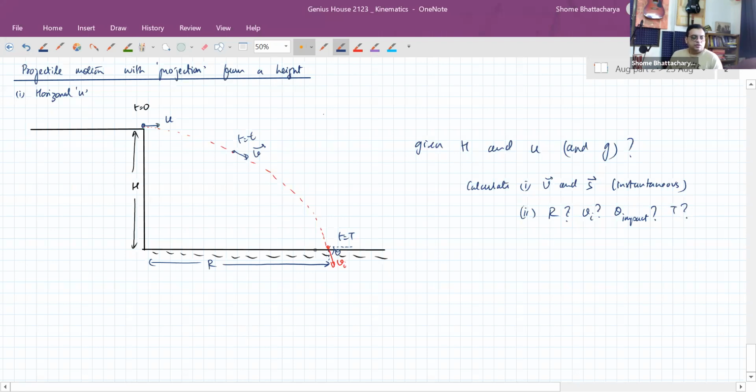Again, what we will do is use the standard method of component based solving, vertical component and horizontal component. And here for convenience, we can take the y-axis downwards because it's straight away going down. In a standard projectile, it was first ascending, so it made sense to take the y-axis upwards.